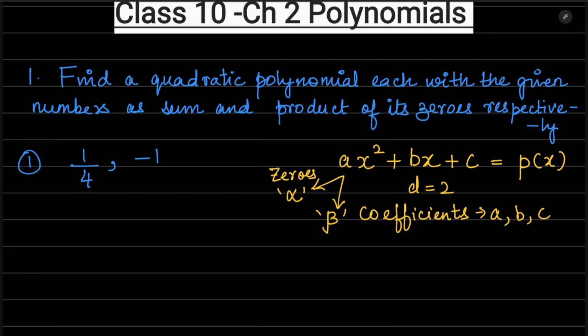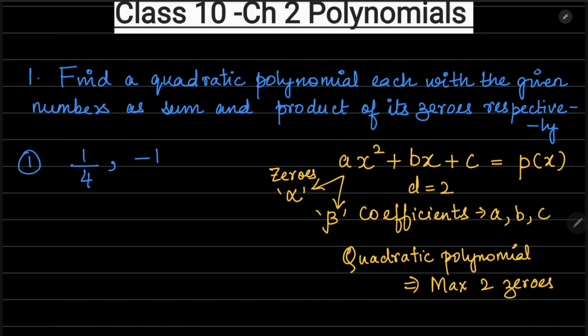That is why alpha is called the zero of the polynomial. Same with beta, and alpha and beta can be any value. So always remember, quadratic polynomials can have a maximum of 2 zeros, mostly denoted by alpha and beta.